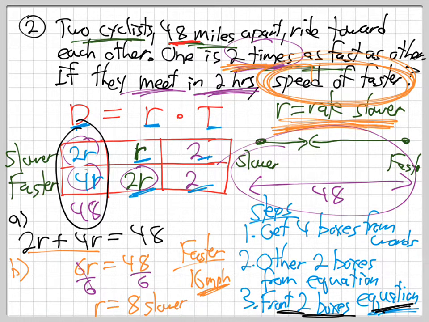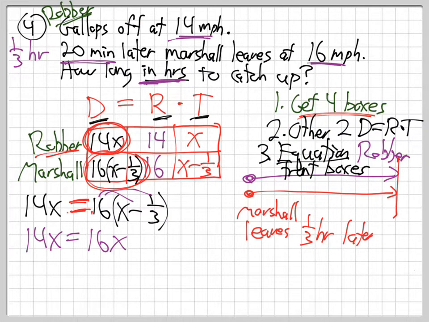These are people going in the same direction, catching up. So the idea of catch up means total distances are equal. Minus 16 times a third. Well, that 16 will go on the top, won't it? Because it's 16 over 1. Because whole numbers are over 1, aren't they? So far, so good?